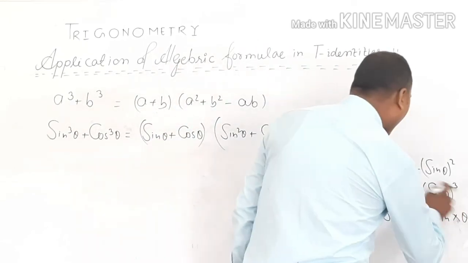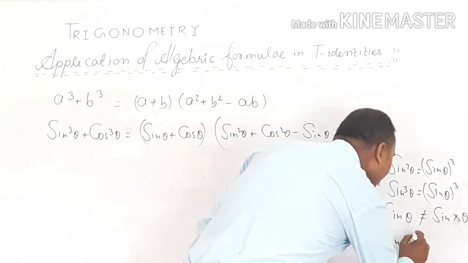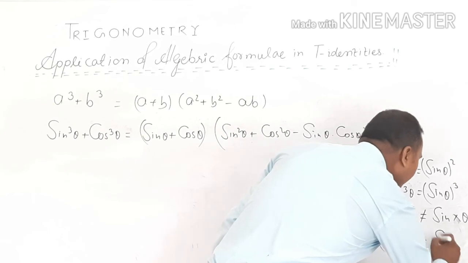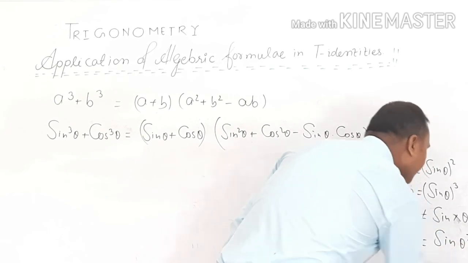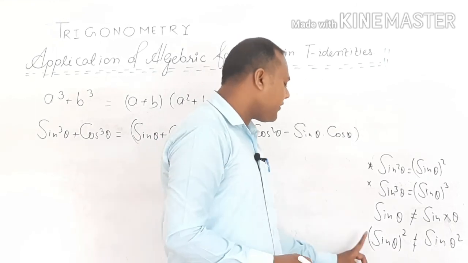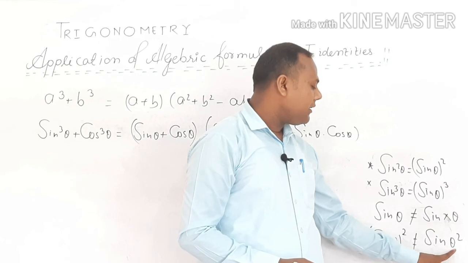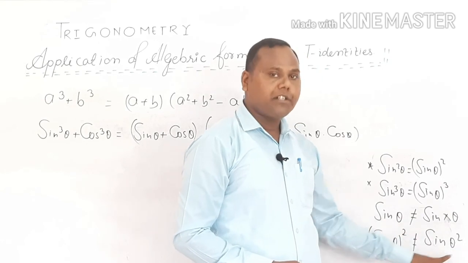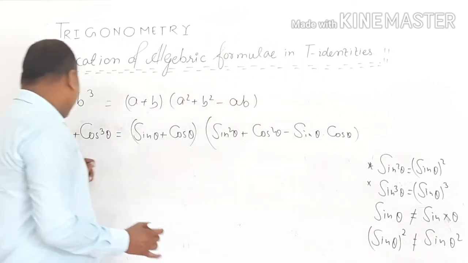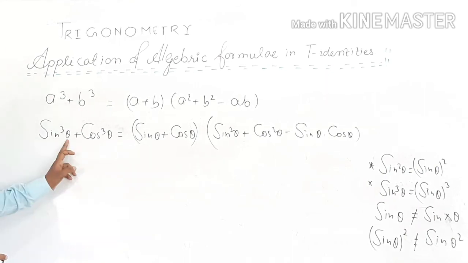And always remember, (sin θ)² will be equal to (sin θ) squared, and we can't write it as sin of θ². We couldn't write it that way.